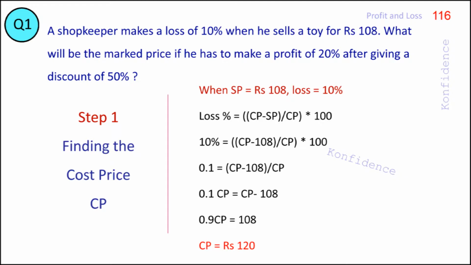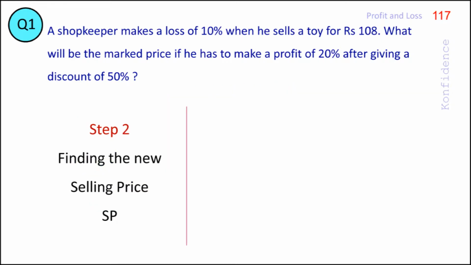Now we know the cost price of the toy. Next we move on to find out SP. We know from the given data that required profit is 20%, and from the first finding that CP equals rupees 120.